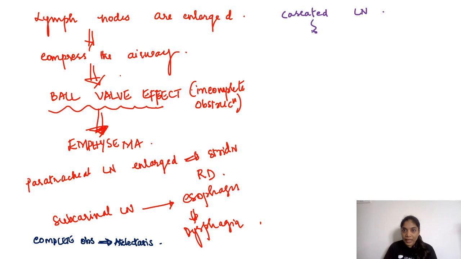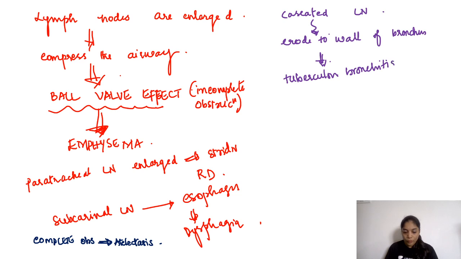It can erode into the wall of the bronchus, and this will lead to tuberculous bronchitis or endobronchial tuberculosis.